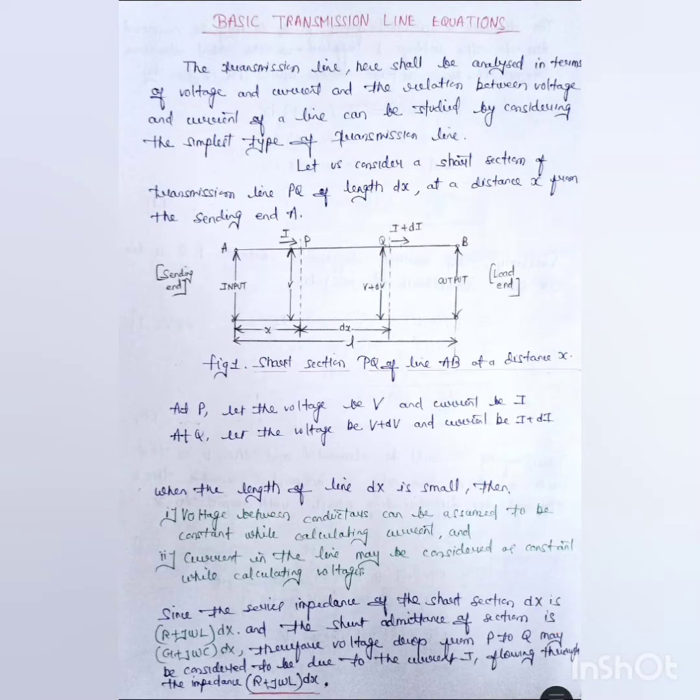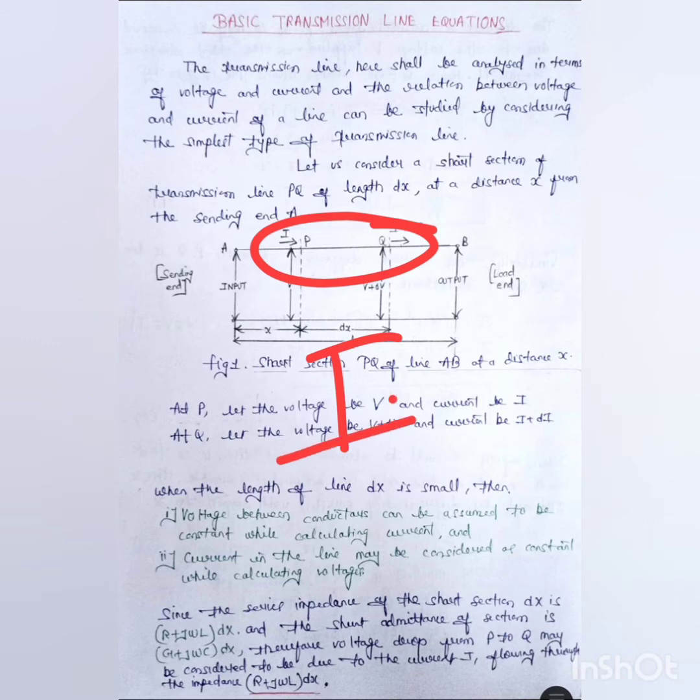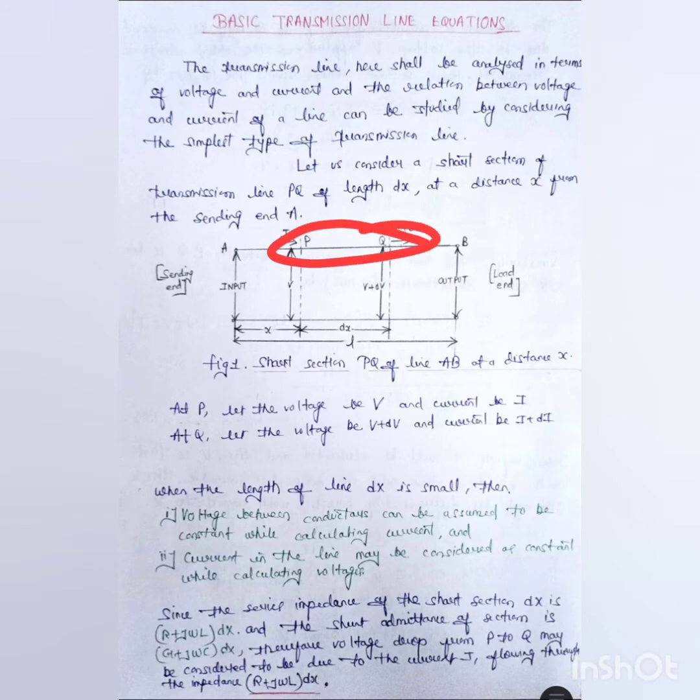So in order to calculate the voltage drop across the PQ section, we should consider current as constant in this particular condition. While calculating voltage, we should consider current as constant, and while calculating current, we should consider voltage as constant. So here the voltage drop across PQ is due to the current traveling across it.